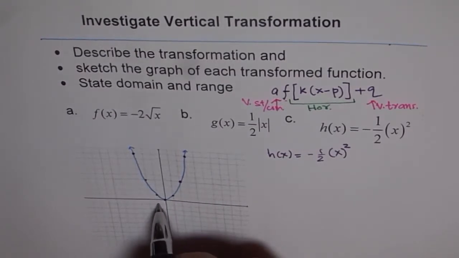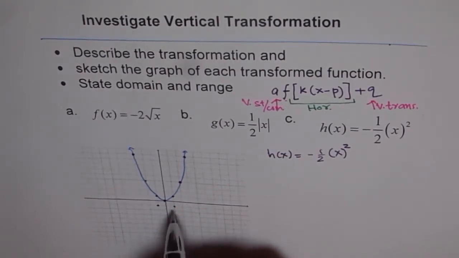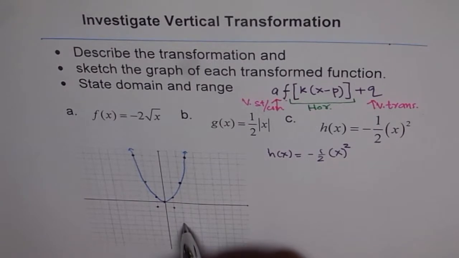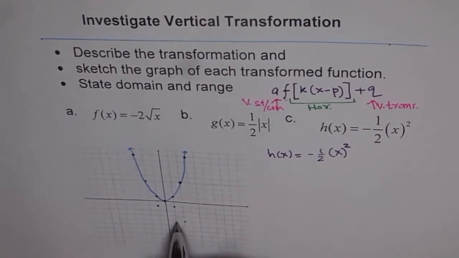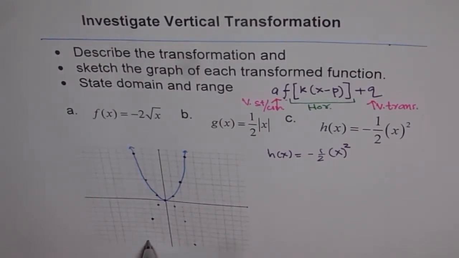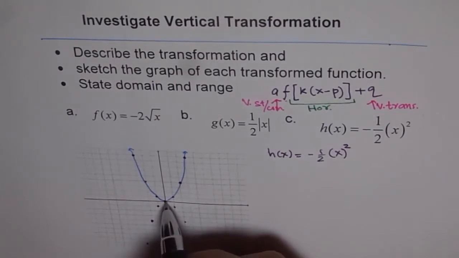So when this point gets reflected, it comes here, right? This is 4 away. So when it comes here, it goes to minus 4. So 1, 2, 3, 4. And from the symmetry, you can put the other point. And the third is 9. So we are already at 4, 5, 6, 7, 8, 9. So you're at the edge. There you are, right? So once you get this, join them.